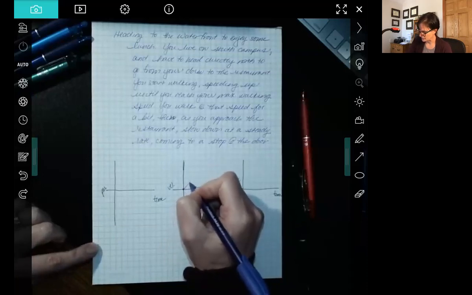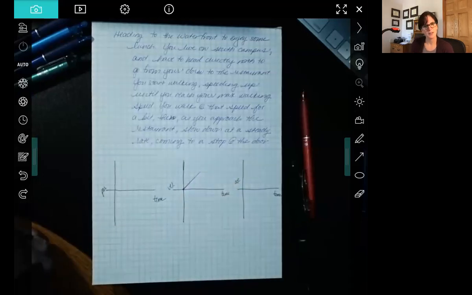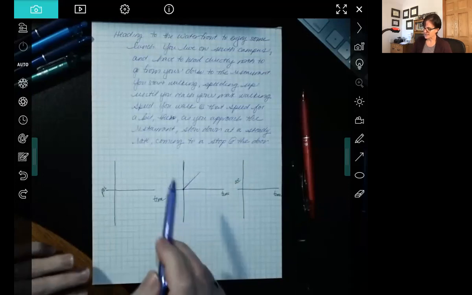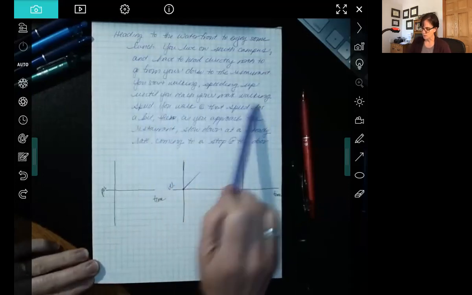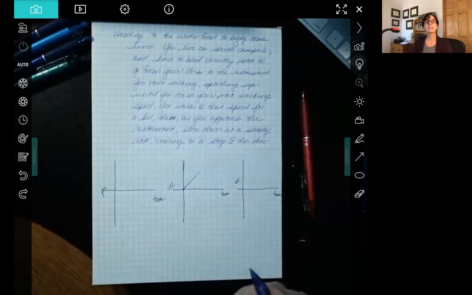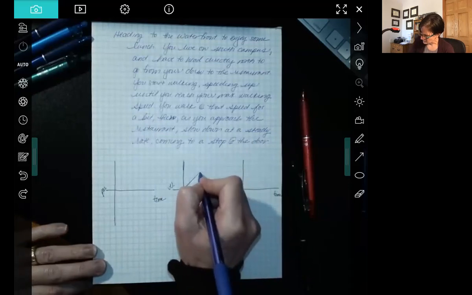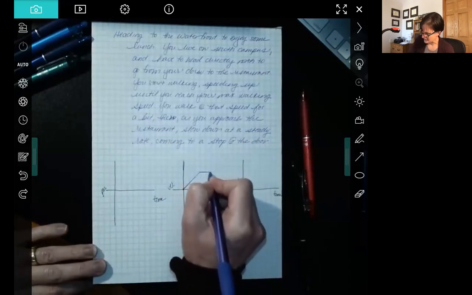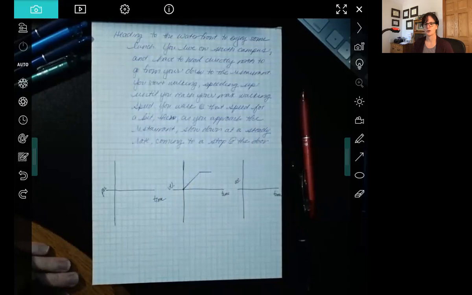My numbers are getting bigger and bigger as time goes on. And if it's at a steady rate, it's a nice straight line with a slope. All right, it then says that I reach my maximum walking speed and I walk at that speed for a bit. So now my velocity is no longer changing. I'm still heading in the north direction, and so I will have a steady velocity heading in the north, positive direction.